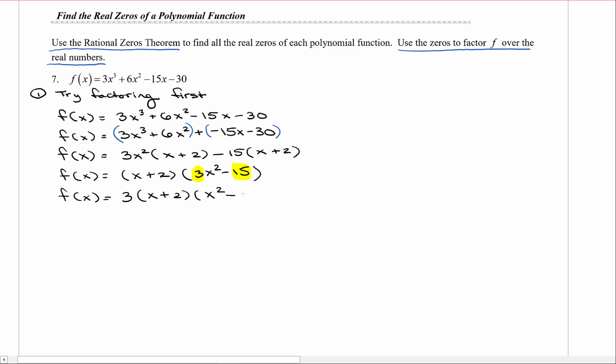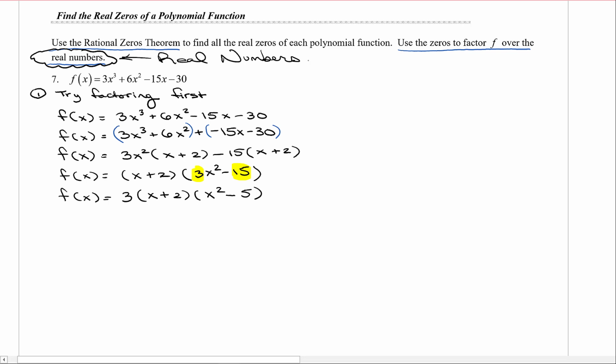Now here, I see x squared minus 5. And now we need to talk about this x squared minus 5 here, because in the instructions it said, use the zeros to factor f over the real numbers. Real numbers include irrational numbers, right?